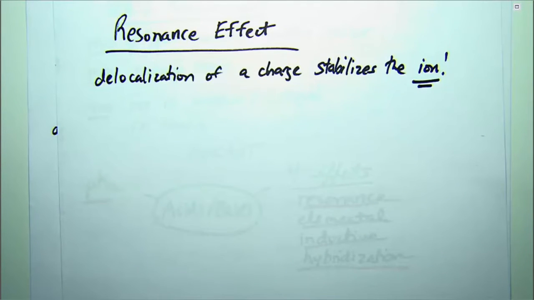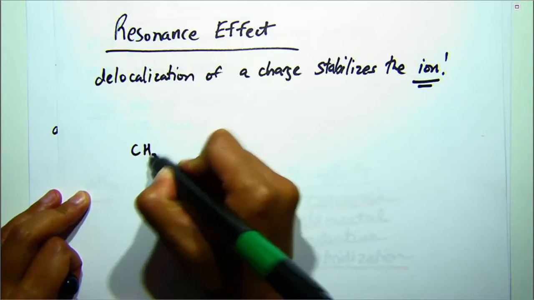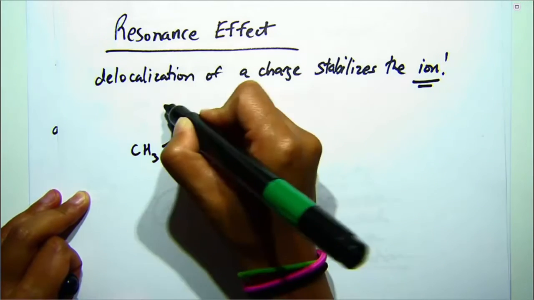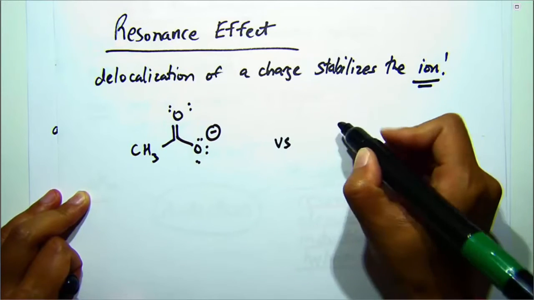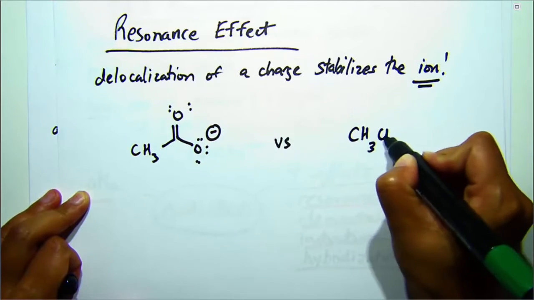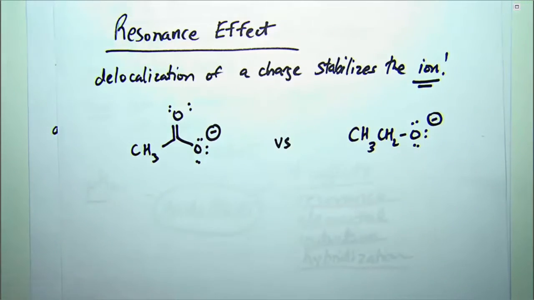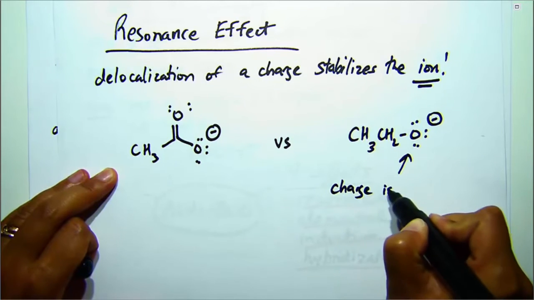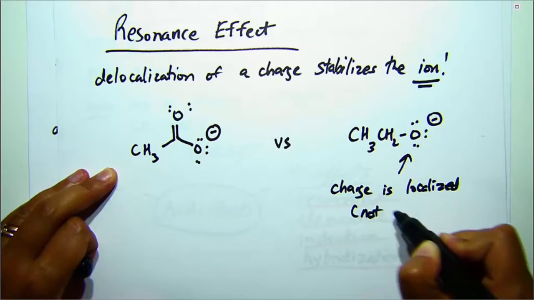So for example, when we compare two anions, acetate anion with a -1 charge versus, for example, just an alkoxide anion. Here, this charge is localized. So this is not as stable.